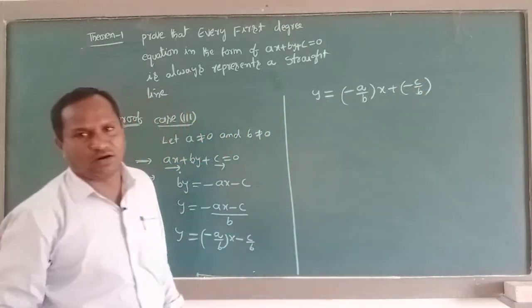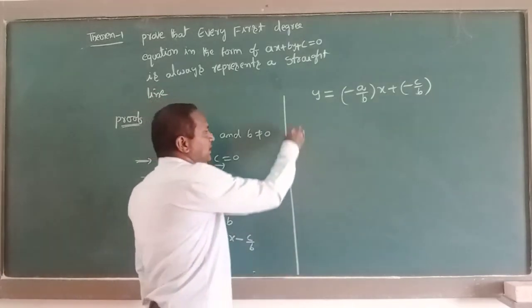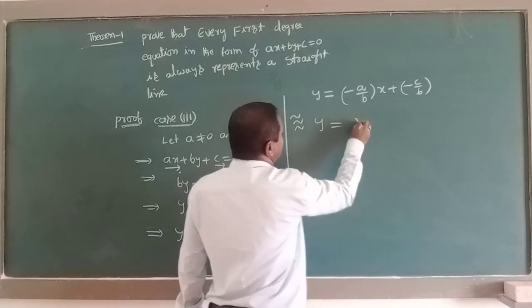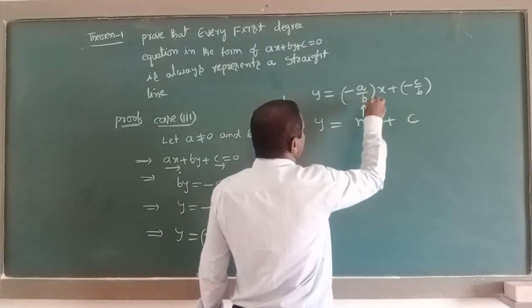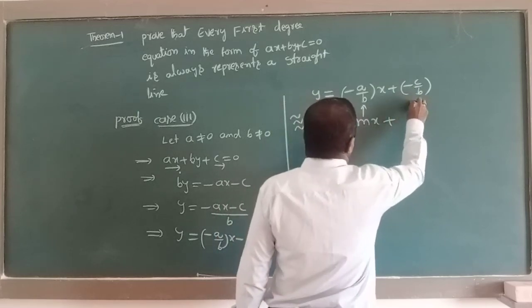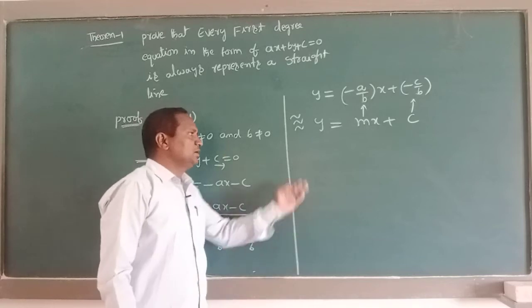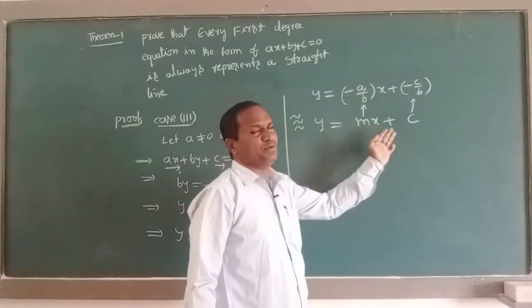It is in the form of slope intercept form. Already we knew about that also. And we can just compare like this: y is equal to mx plus c. Here m is the slope of the line, minus a by b, and the y intercept is minus c by b. That's why it is in the form of the equation of slope intercept form.